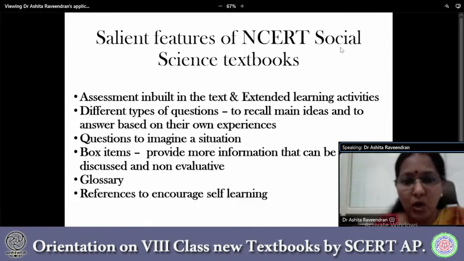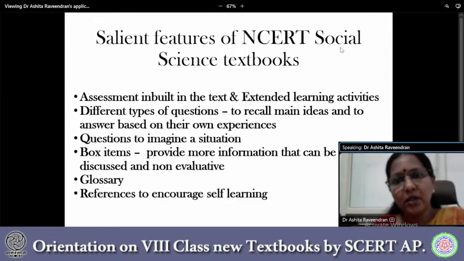Then there are many box items which have been given. These box items have especially been given to provide more information. And there are many students who are very curious to know. If they are not capable of Googling it out or finding it out from others, they are given this information in the form of boxes in the textbook, which is usually not evaluated, but it's for extra learning for the child.